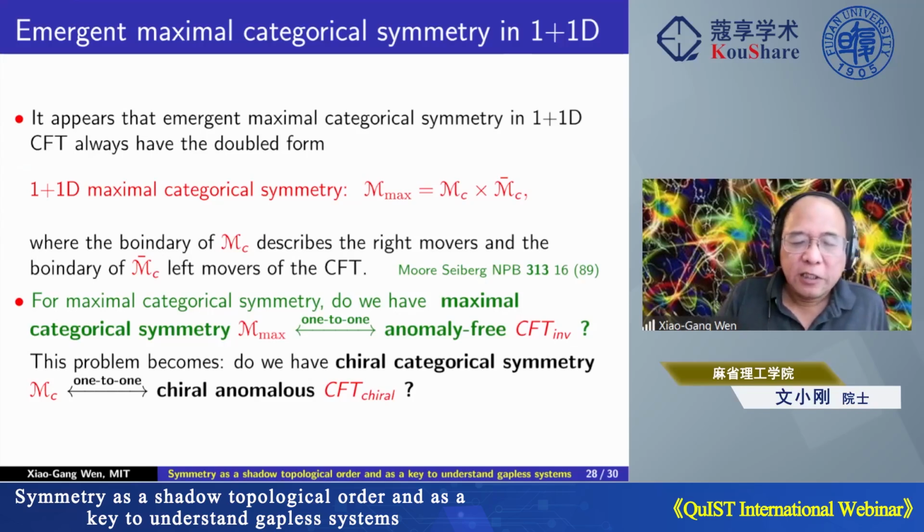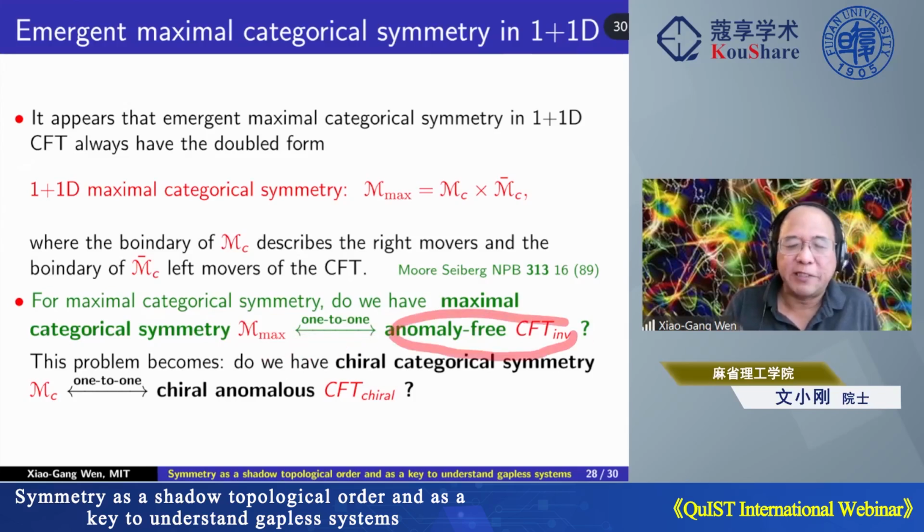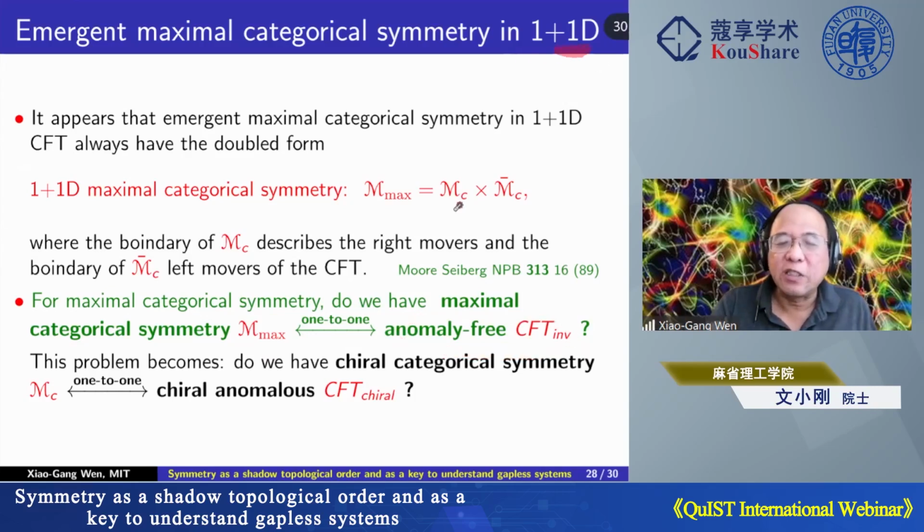Okay, so therefore we are hoping that maximal categorical symmetry has a one-to-one correspondence with anomaly-free CFT, at least in one spatial dimension. Because the categorical symmetry has this doubled structure, we can consider one half of it.